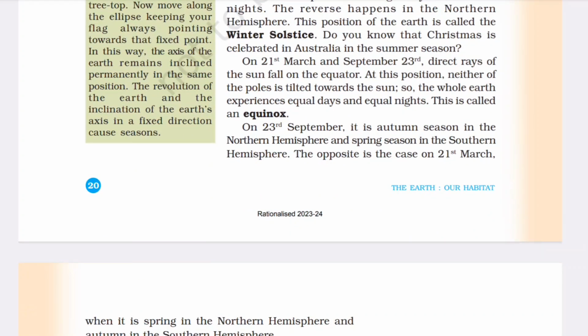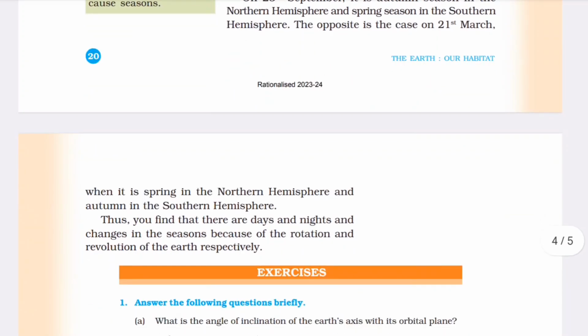On 23rd September, it is autumn season in the northern hemisphere and spring season in the southern hemisphere. The opposite is the case on 21st March, when it is spring in the northern hemisphere and autumn in the southern hemisphere. Thus, you find that days and nights and changes in the season occur because of the rotation and revolution of Earth respectively.